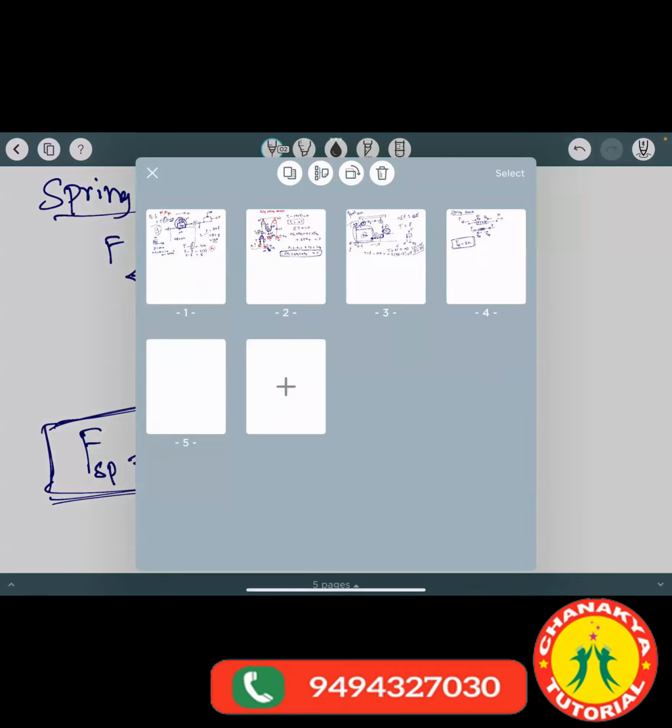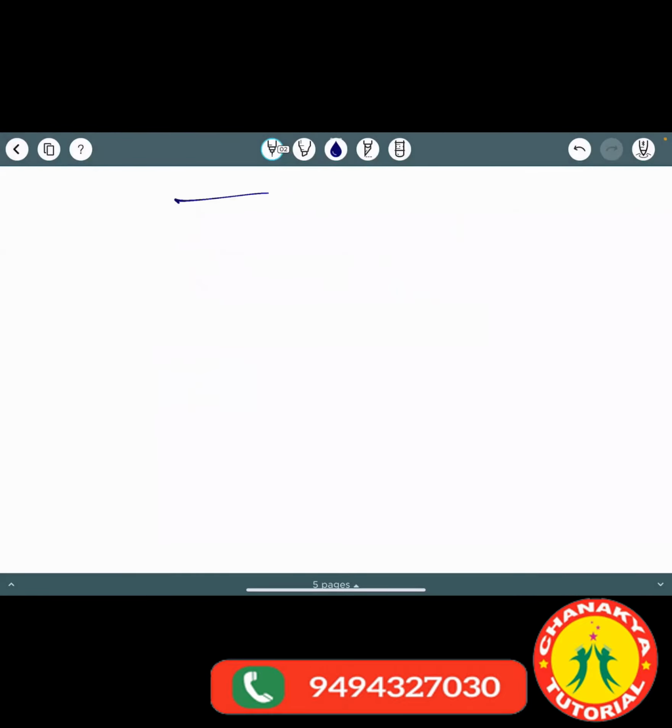Let us consider a simple case. Let's say there is a spring and a mass M. When you connect it and release it, the spring will have some stretching, so it will try to go back. This will be the F spring, and there is mg acting downward.